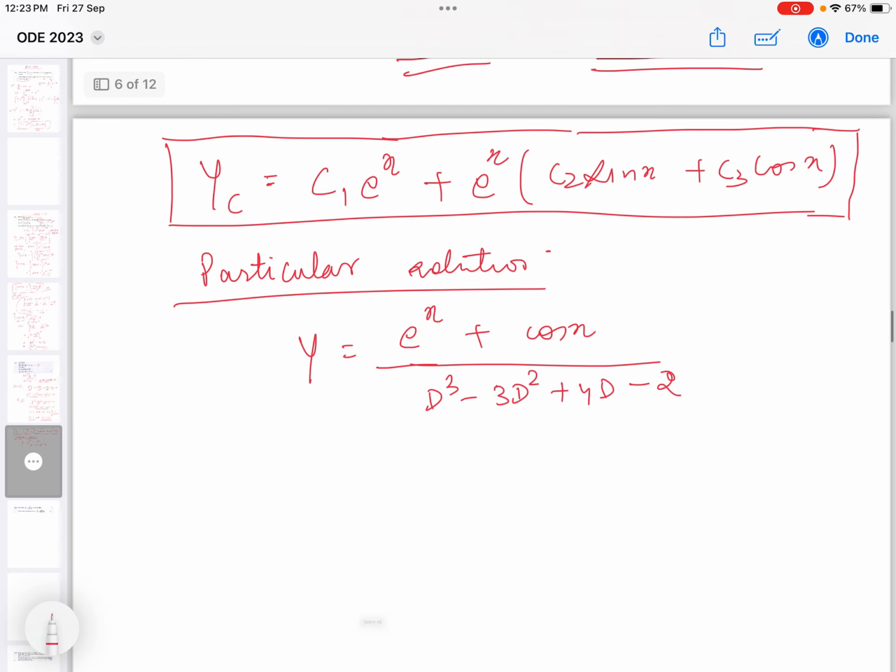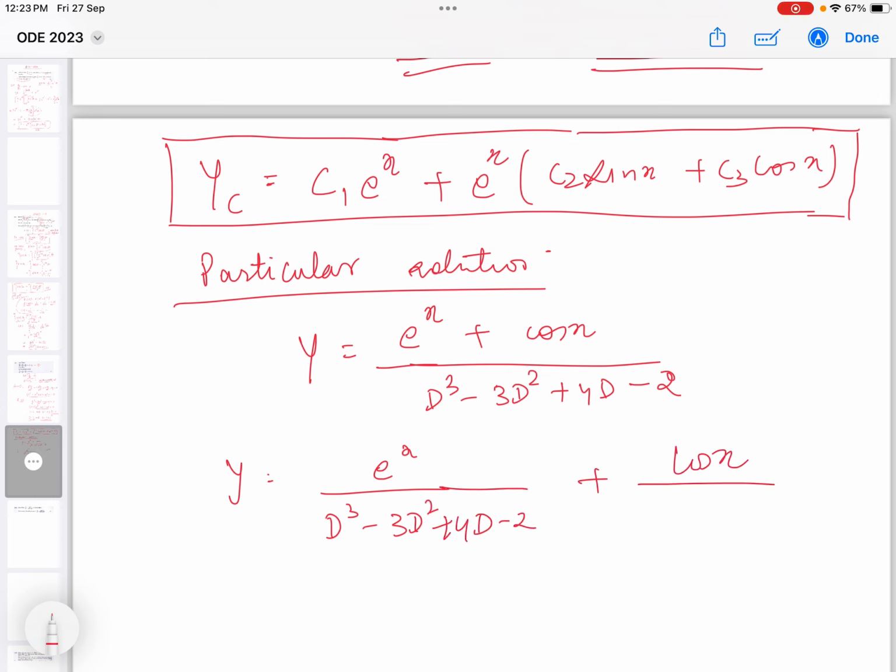So we separate them individually: e to the power x over D cube minus 3D square plus 4D minus 2, plus cos x over D cube minus 3D square plus 4D minus 2.